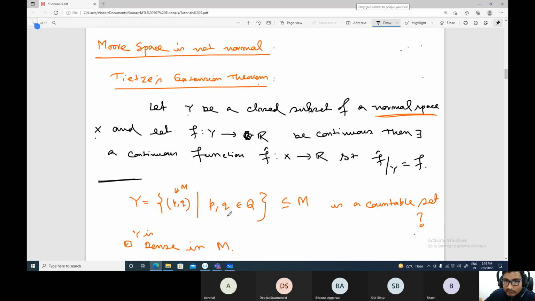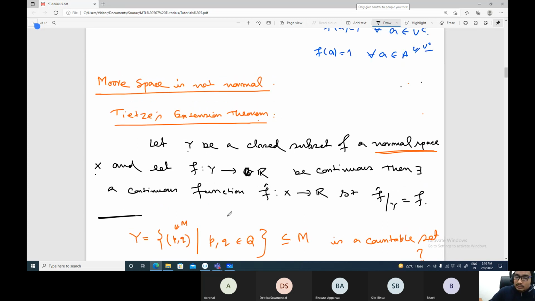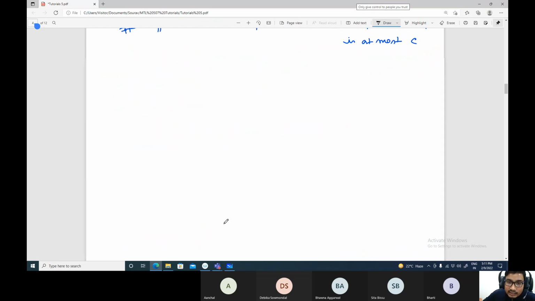This is one argument. Also, since we have C power C, or 2 power C, distinct functions, if we extend these functions to the Moore plane, those extensions should be distinct. That means the number of continuous functions on the Moore plane is at least 2 power C, right?